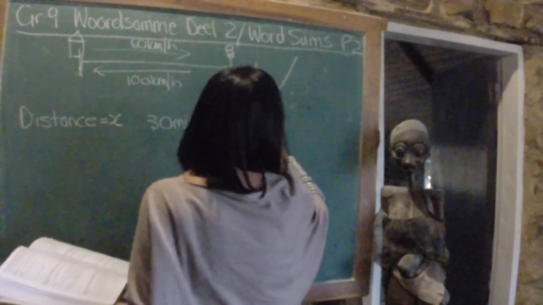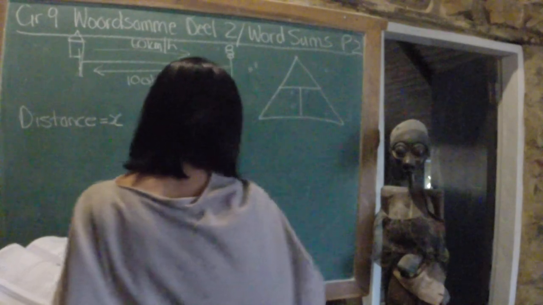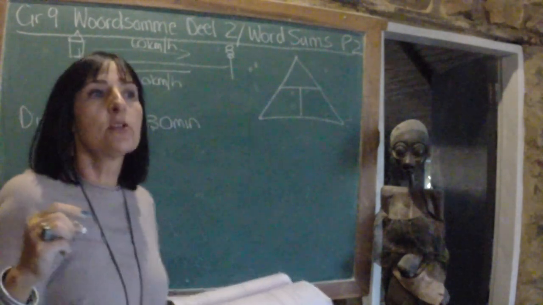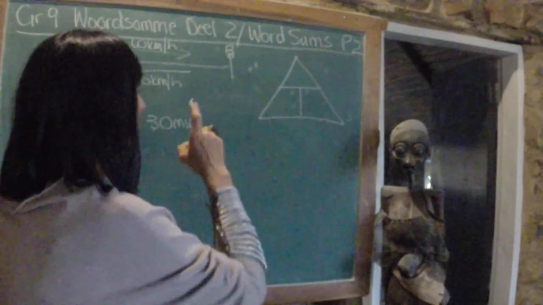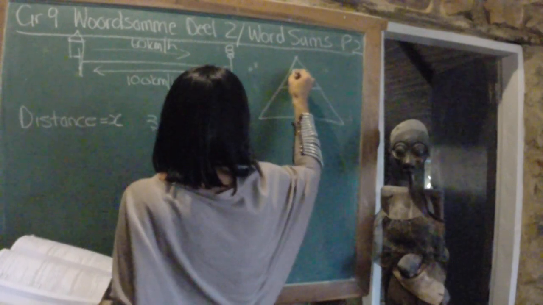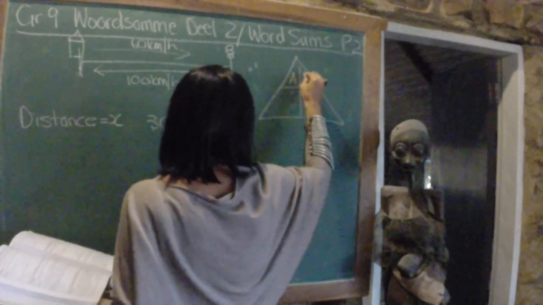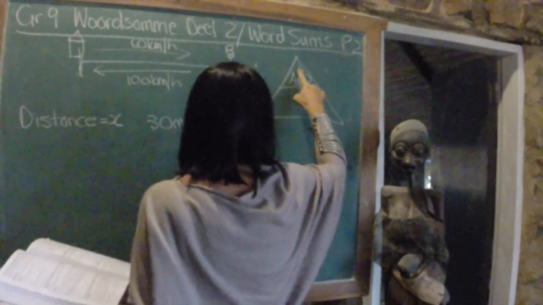As jy nog nie hierdie formule, die driehoekie formule ken nie, dan kom juffrou wys nog vir jou. As ek somme moet doen oor afstand, spoed en tyd, then I simply draw this little triangle. This little triangle tells me distance, afstand, comes at the top of the triangle.